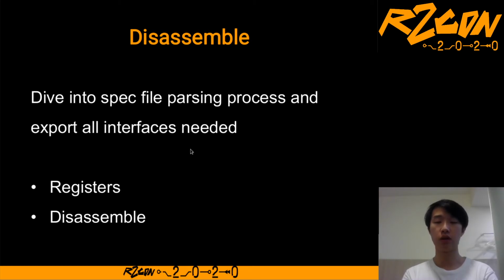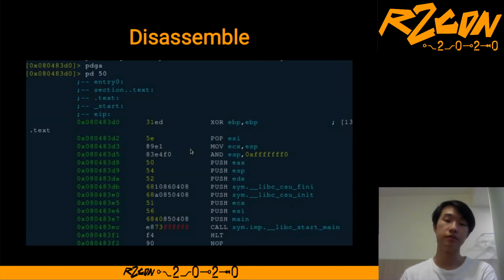Also, we will have to properly initialize the related data structures and set those flags to make it work. But it's easy. And here's the result. You can see that those instructions are properly disassembled.